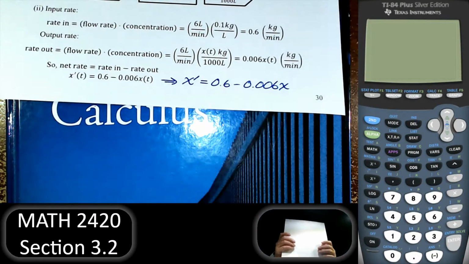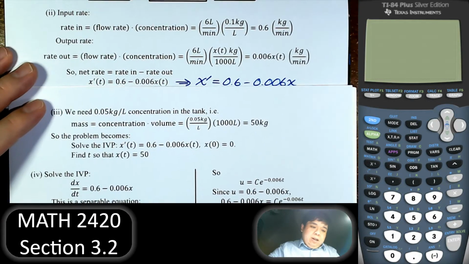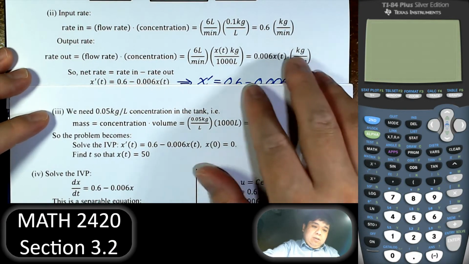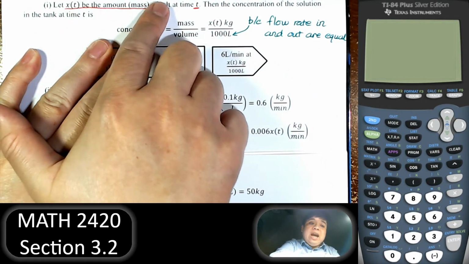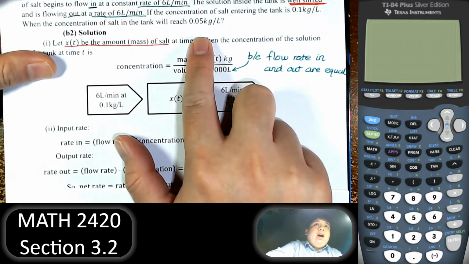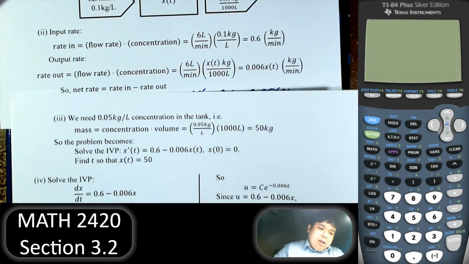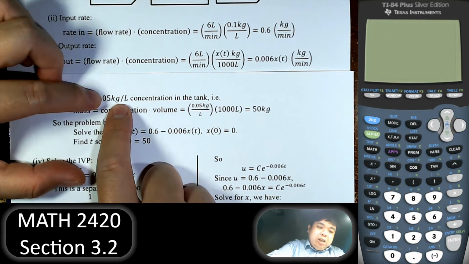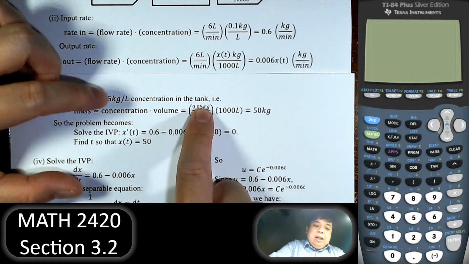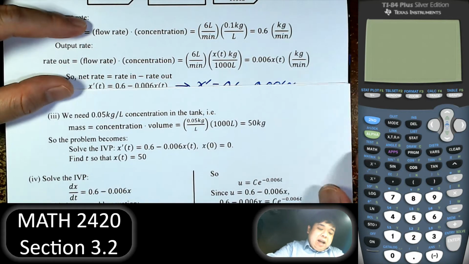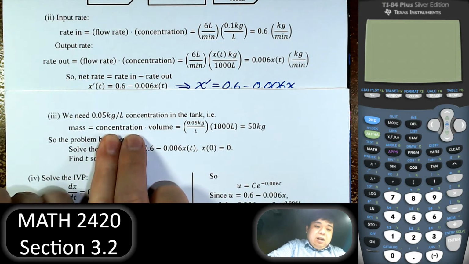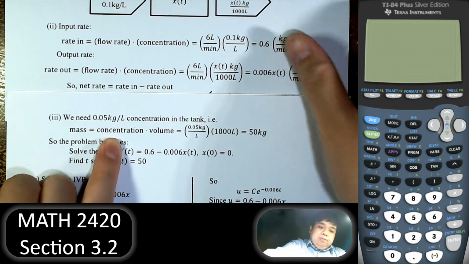Next, what else do we know? Right, the problem says when the concentration of salt in the tank will reach 0.05 kilogram per liter. So we need 0.05 kilogram per liter concentration in the tank, meaning that the mass is the concentration times volume.